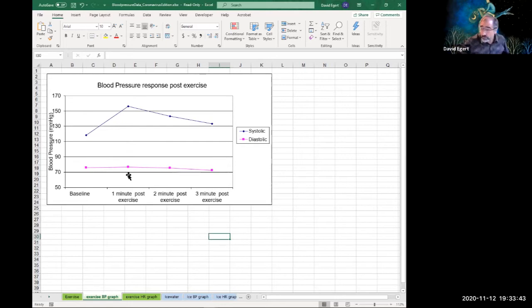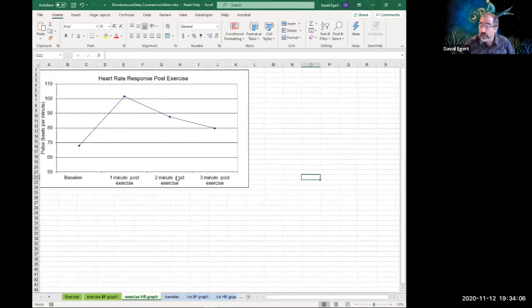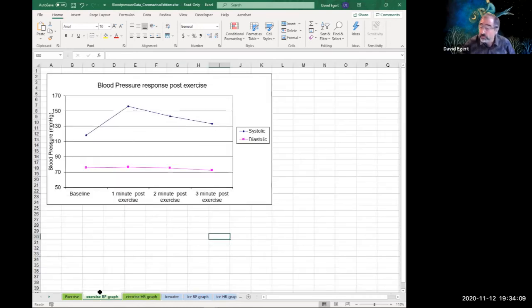So if the diastolic had risen appreciably, that would mean the heart's squeezing way harder than normal just to get blood to leave the heart, which is not what you're looking for. So in your write-up, you can discuss both the heart rate responses and blood pressure response, systolic versus diastolic, and talk about what's going on and why this makes sense.